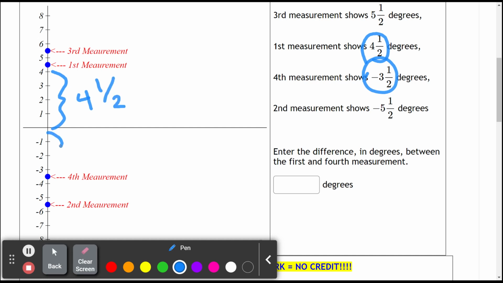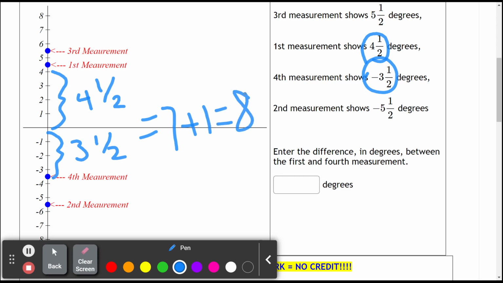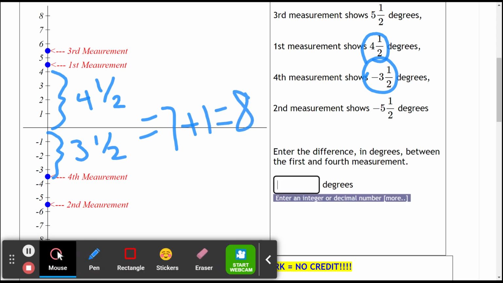And the fourth right here, that distance is 3.5. I know it's -3.5, but really the distance is that. And then 4.5 plus 3.5: 4 plus 3 is 7, but a half plus a half is 1. So 7 plus 1 is 8. So this would be 8.